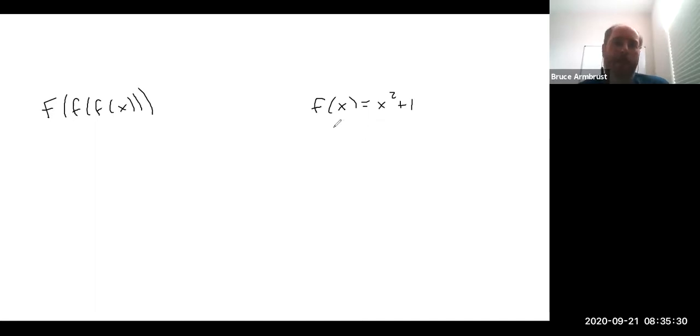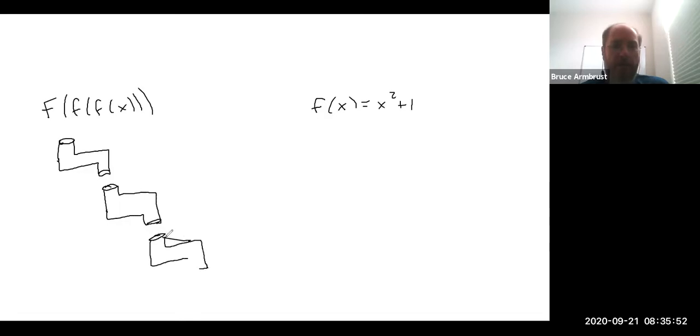Doesn't really matter. But let me start by drawing the little picture of the machines, right? The little function machines where we drop in a number, something comes out. So this one, since we've got f of f of f, there are actually 3 of these. And they're all in sequence.